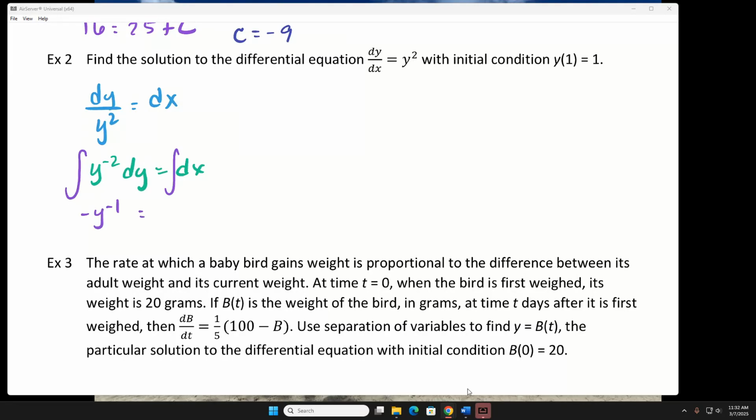All right, so when we integrate just dx, that's just like integrating 1 dx, which is just going to give us x. Now, what I do, and I'm sure there's different ways to do it, but I like to, as soon as I have a c, plug in the initial condition.